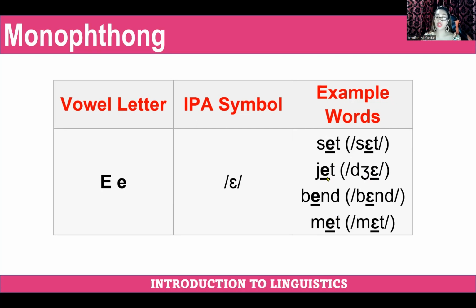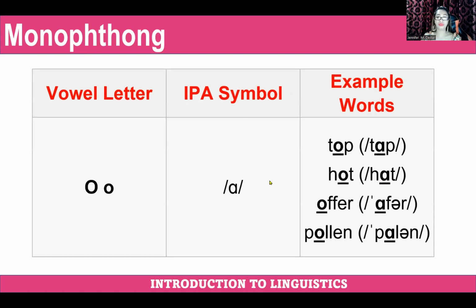Therefore, it is jet. So there's a typographical error. I wasn't able to include the letter T, but this must have the D, Z, E, and T. So again, this is a monophthong, the E sound.